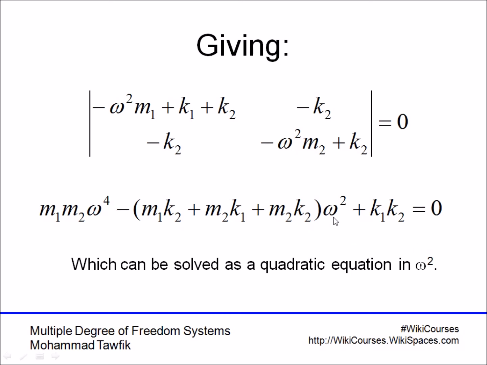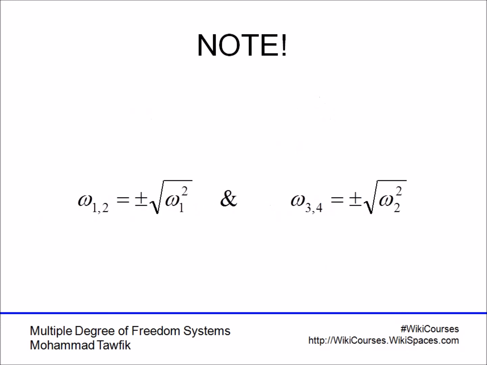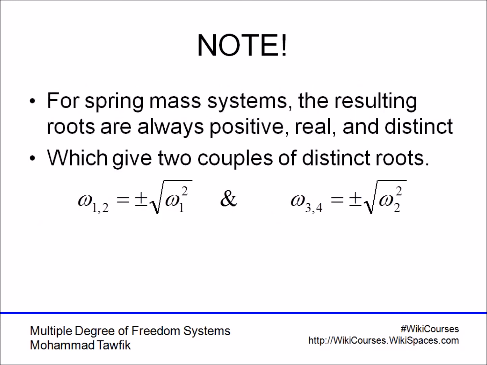The solutions you get are going to be in omega squared. The point here is that you're going to get two different values for omega squared, each of which you'll take the square root of. So you end up with two distinct values of omega squared. These are called the natural frequencies of the system.